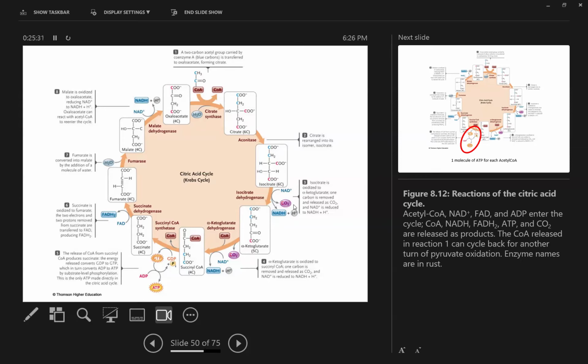So you don't have to really worry too much about all these intermediate steps, like the isocitrate and the alpha ketoglutarate, because they're not really doing anything other than being a substrate to fit the next enzyme. So what you need to focus on are the number of carbon dioxides that leave, the number of NADHs that are produced, as well as how much ATP is produced.